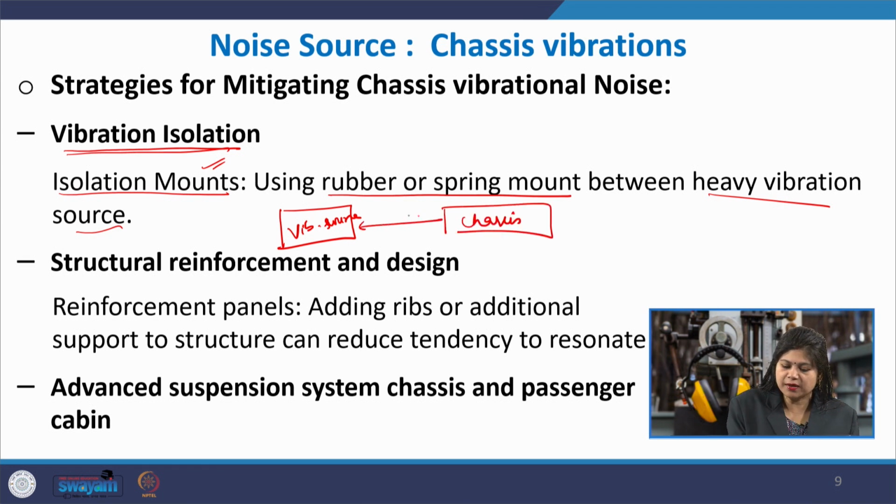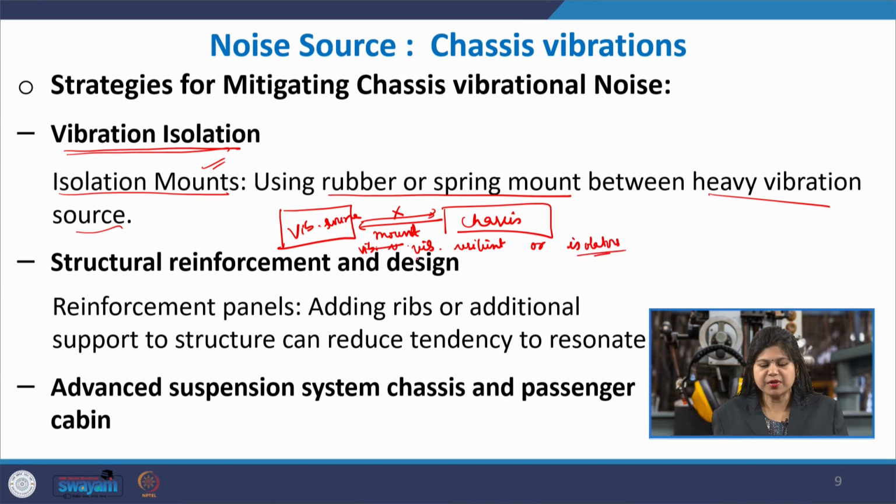The mounting system used to mount the source to the chassis has to be vibration resilient; it should be able to stop the vibration. So, it should be vibration resilient mounting or use of isolators in between these structures, so that the vibration does not pass from the source to the chassis.